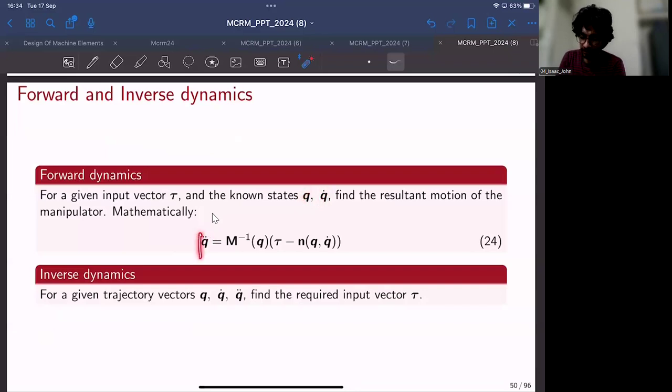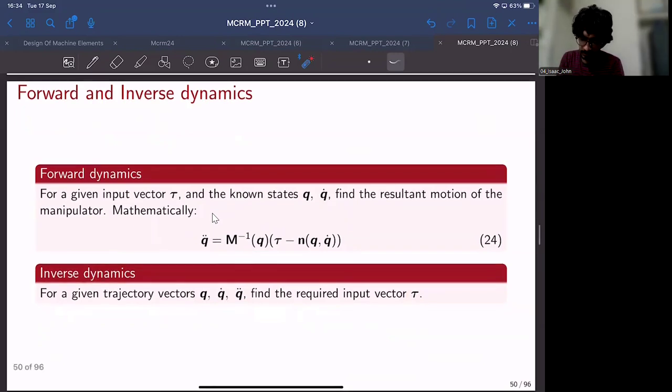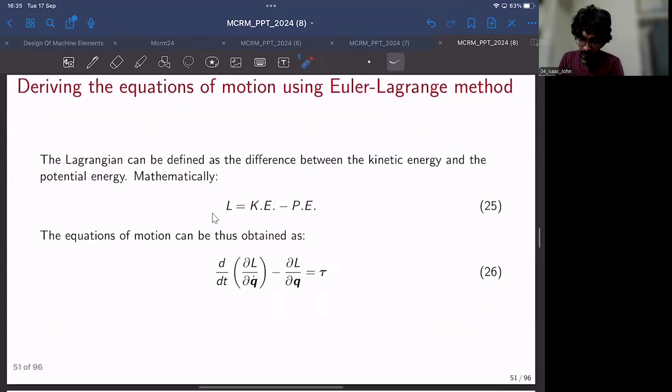So you can obtain it by inverting the equations of motion like this. And inverse dynamics is, for realizing a particular trajectory, what should be the input torque that you should be supplying onto the motors. So that is about forward and inverse dynamics.